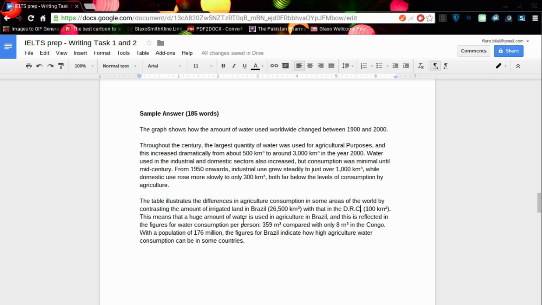This means that a huge amount of water is used in agriculture in Brazil, and this is reflected in the figures of water consumption per person, 359 millimeter cube compared with only 8 millimeter cube in Congo, with a population of 160 million. The figures from Brazil indicate how high agricultural water consumption can be in some countries. Now, no one here suggested anything, or justified any information that was provided.